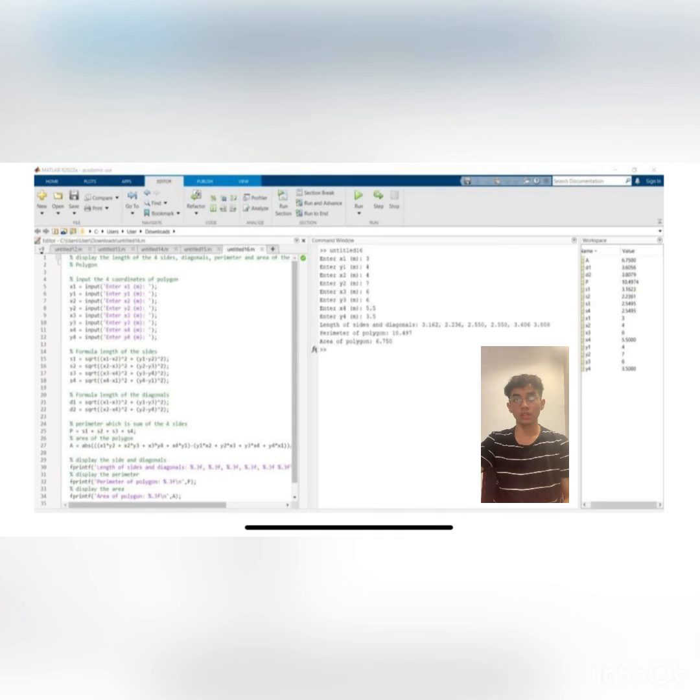After I run the section, we got the answer, which is the length of the sides and diagonals, which are 3.162, 2.236, 2.55, 3.606, 3.808. The perimeter of the polygon is 10.497 and the area of the polygon is 6.75.